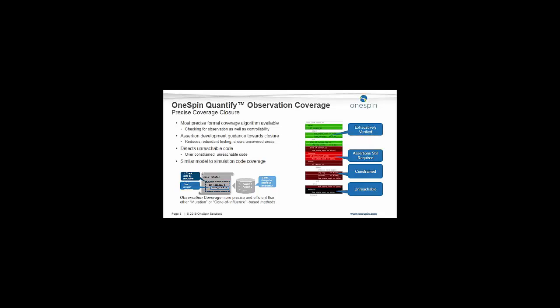The red code here in the middle means that there's no assertion that fails, so it gives the verification people some hints on what assertions to write next, because all this requires is extra assertions to make sure that part of the functionality of the design is actually covered. At the bottom, these last two lines are black. That means it's unreachable code, something that can never happen, and that's worth looking at.